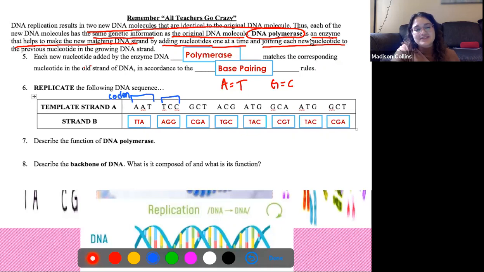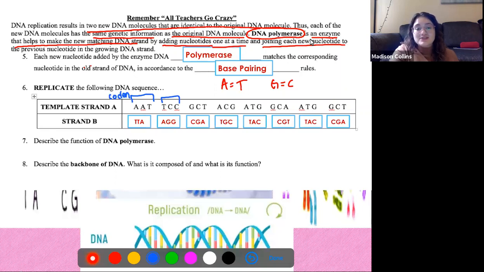Now, number 7, describe the function of DNA polymerase. So think about what you just had to do when replicating that DNA sequence, and now describe how DNA polymerase does it. All right, so pause this video, answer question 7, press play when you want to review it.